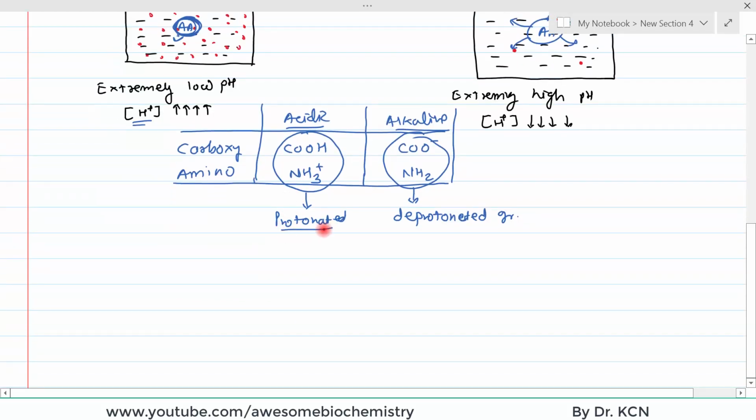Now, as these are protonated, they can become a proton donor. Why? Because they have a proton. So, if situations are favorable, they can act as a proton donor.